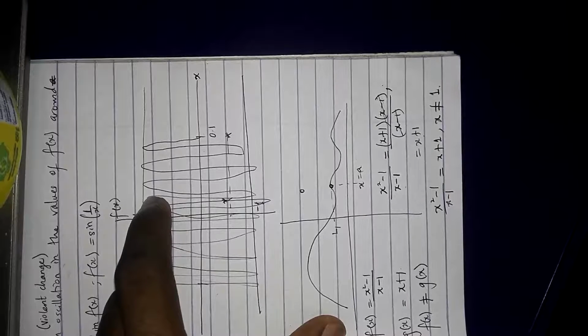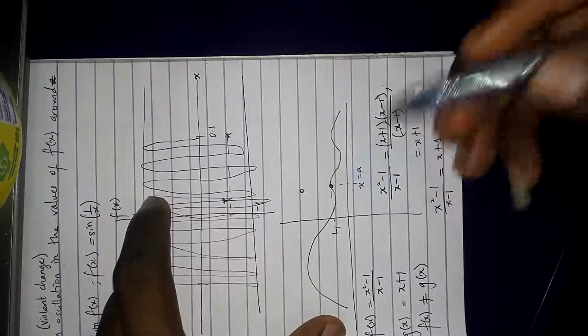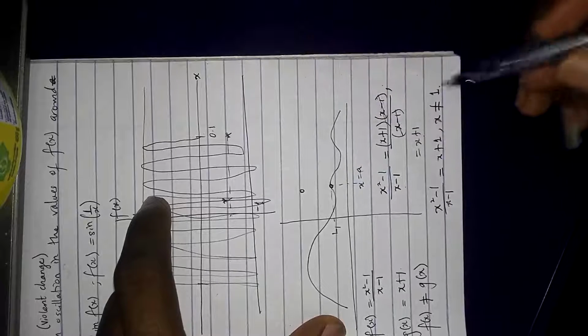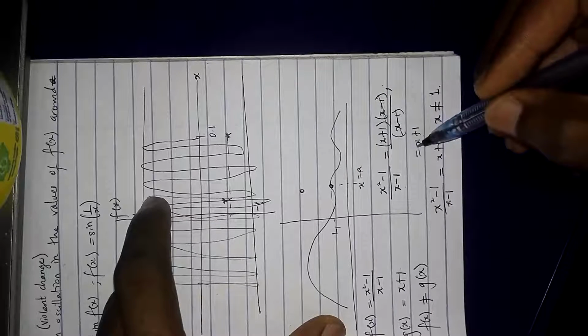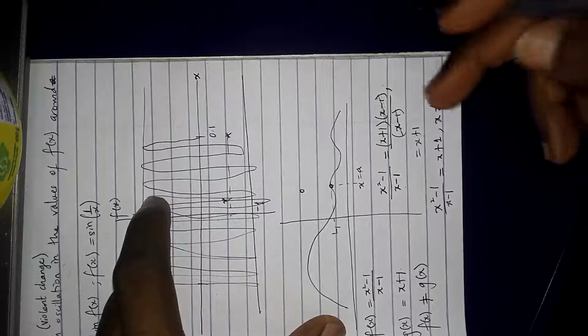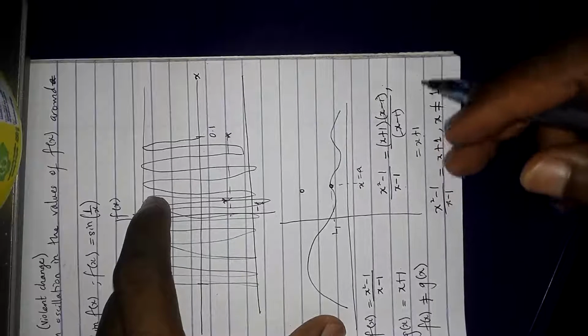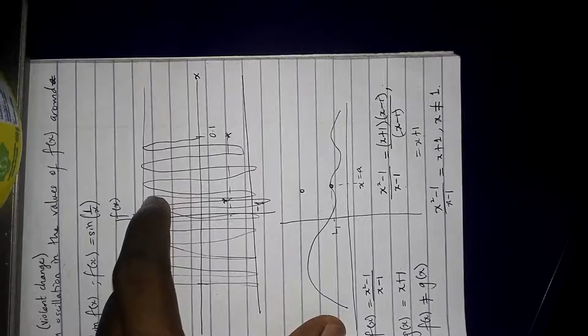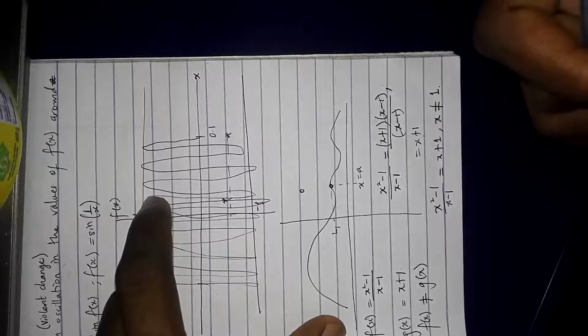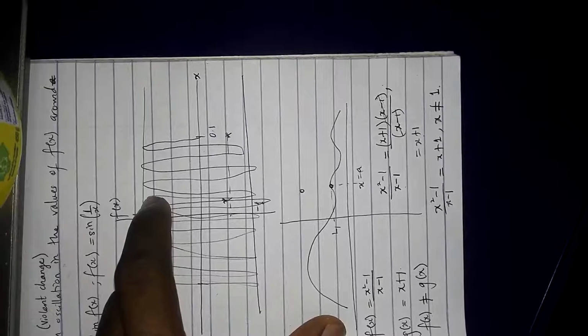Because we are dealing with limits, we know that we just want the value to approach 1. It does not have to become 1. That is why our simplification here, or just substituting x equal to 1 in this function, will give us the limit of this function as x approaches 1. Because we are dealing with limits, the function we are trying to use to replace this may not be defined at that particular point which we are interested in.